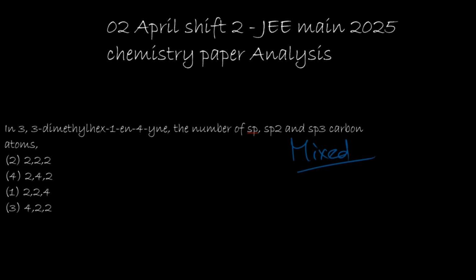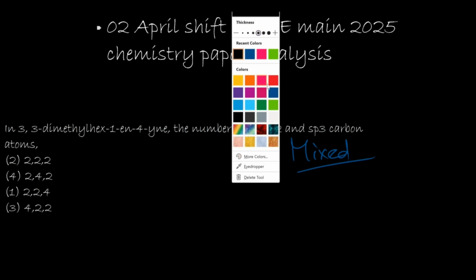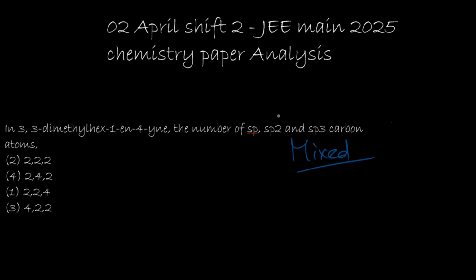In 3,3 dimethyl hex 1-ene 4-yne, the number of sp, sp2 and sp3 carbon atoms are. So that is the question asked. Whoever knows basic organic chemistry can easily solve this type of question. What is 3,3 dimethyl hex? I'm just going to add 6 carbons: 1, 2, 3, 4, 5, 6.